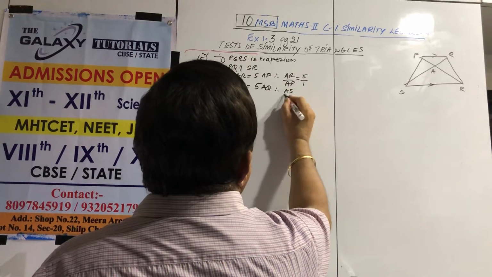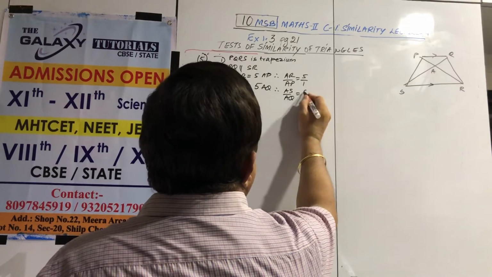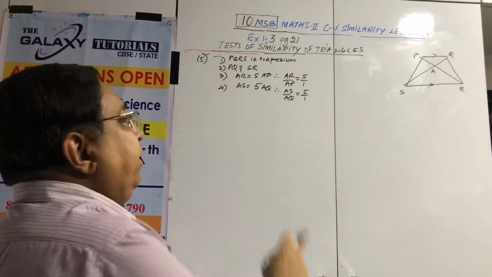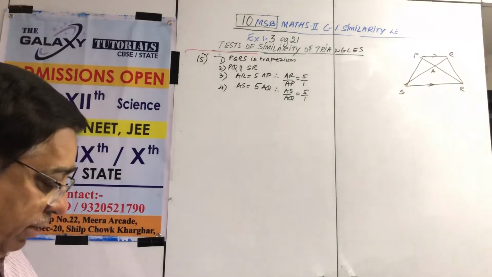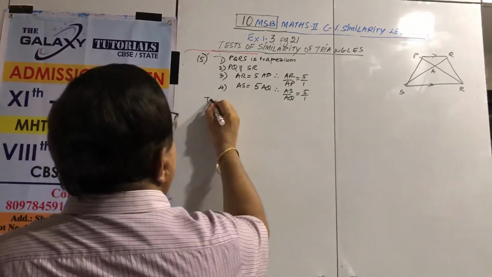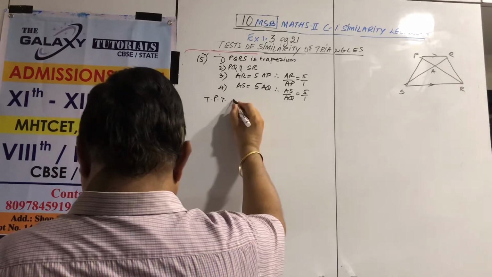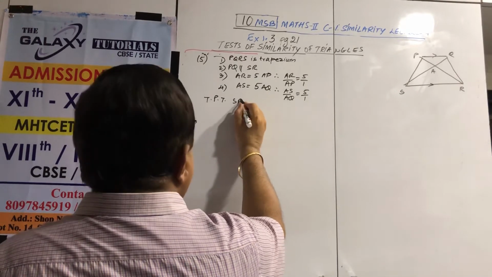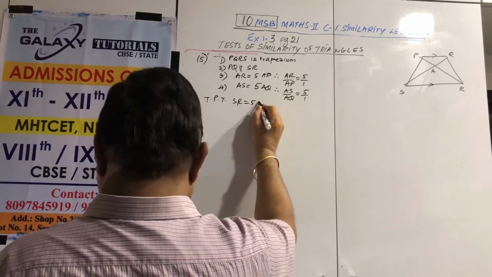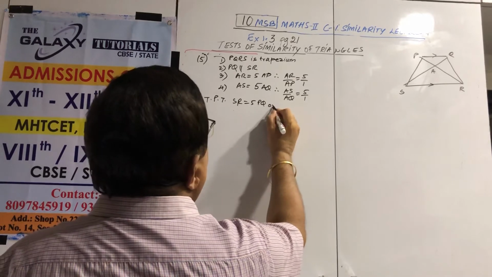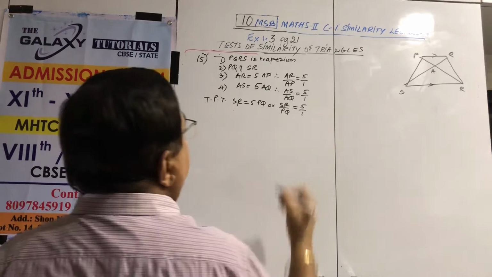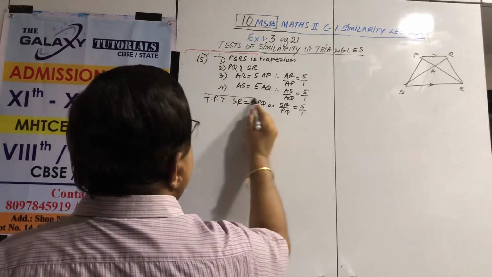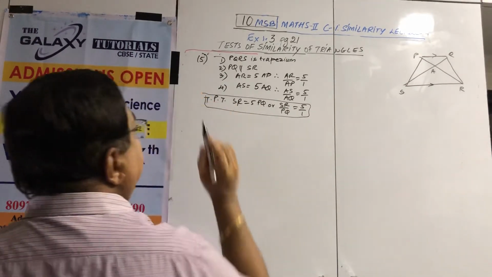Therefore, AS upon AQ is 5 upon 1. We will need for similarity things like this, so learn to convert so that it becomes easy. We have to prove that SR is 5 times PQ, or SR upon PQ is 5 upon 1.